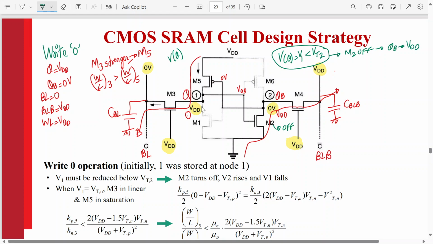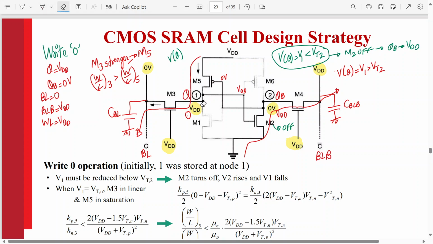Agree or no? But what if V of Q, equal to V1, is greater than VT2 and has not fallen to 0? Let's say the threshold voltage is 0.7 and this is 1 volt only. That means M2 is still on. So if M2 is on, it will lead to incorrect output. That is the problem.